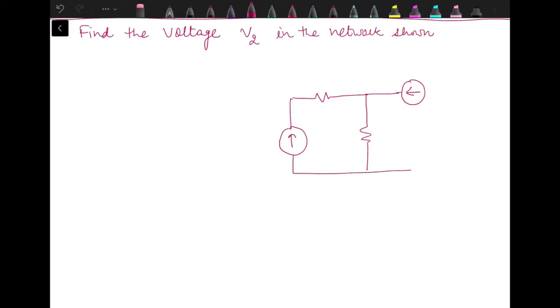this is a current source, this is voltage V2, voltage across 5 ohm resistance, its polarity is already marked.